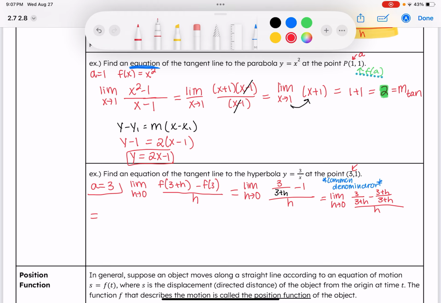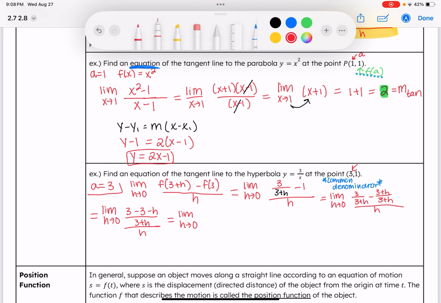From there, I'm going to do 3 minus the 3 plus h, making this all one big fraction in my numerator, but this is distributing a negative sign to my two terms. So when I rewrite this, I'm going to have 3 minus 3 minus h over 3 plus h, all over h.